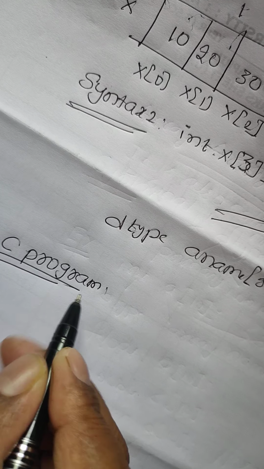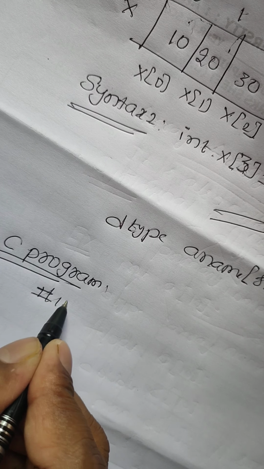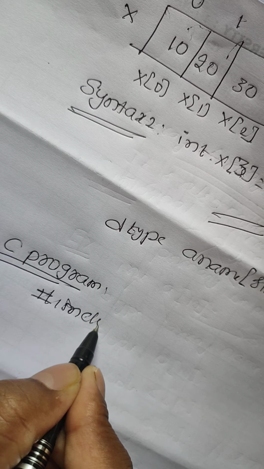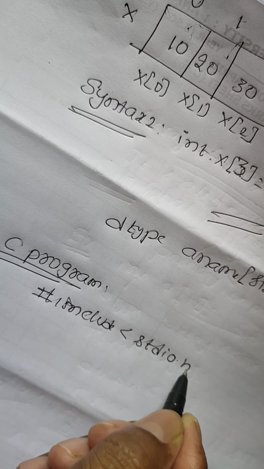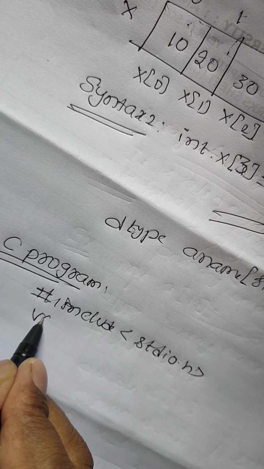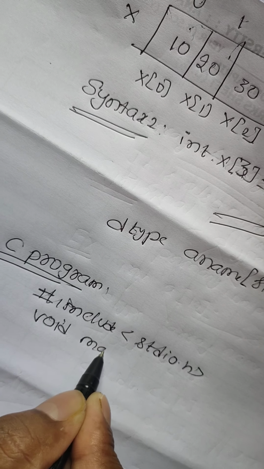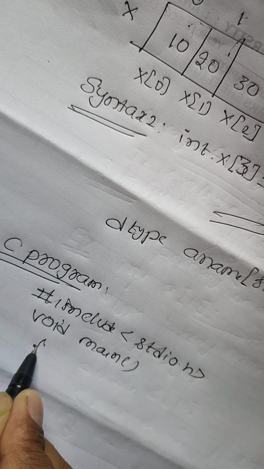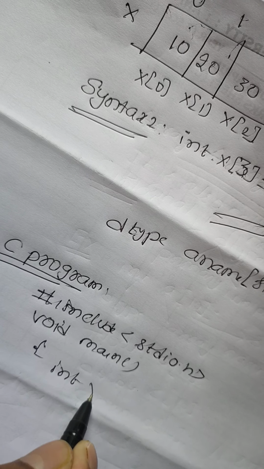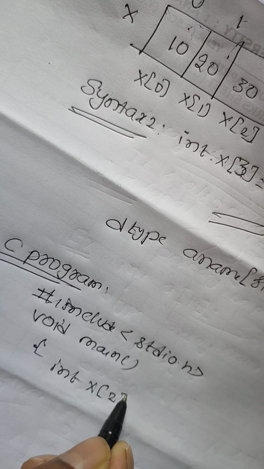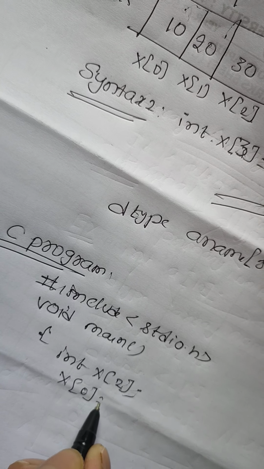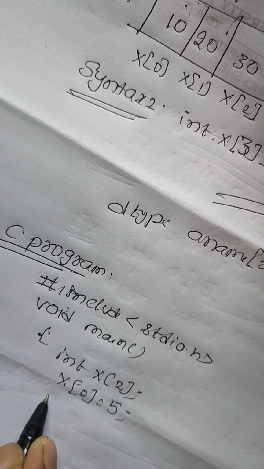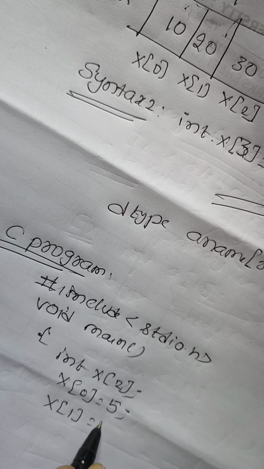For this one I am writing hash include stdio.h, then void main, then I am taking one array int x of 2, only 2 values. Now I am writing x of 0 equals 5 and x of 1 equals 7.